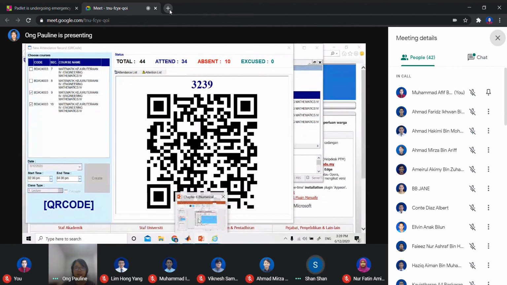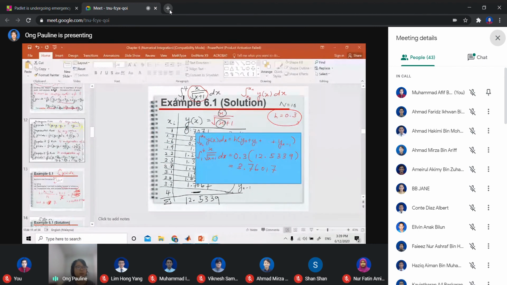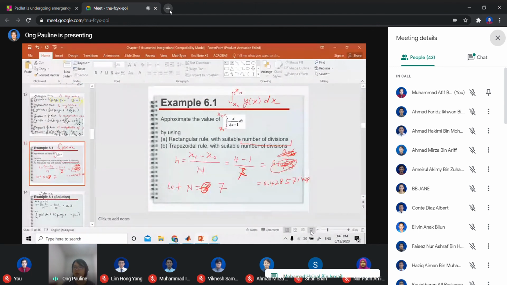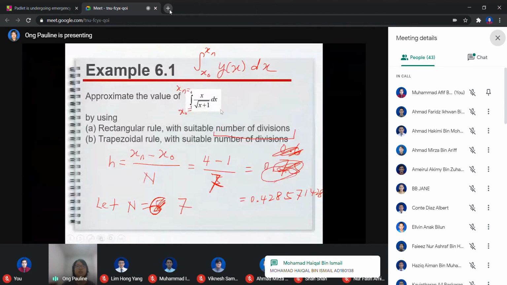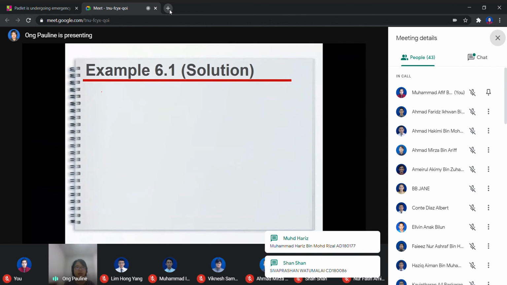Alright. So this is the calculation for the rectangular rule. Now let us proceed to part B. For part B, we want to calculate the integration again, but by using the trapezoidal rule. Let us recall the equation for the trapezoidal rule.